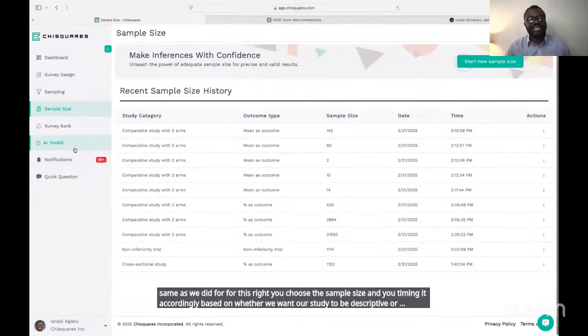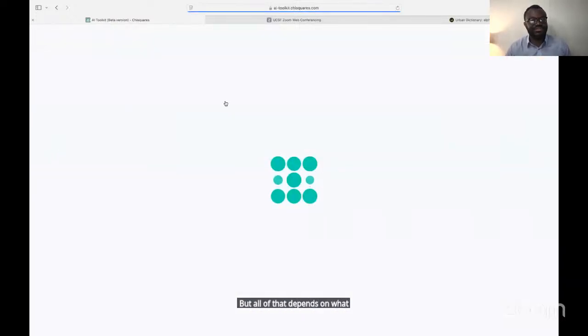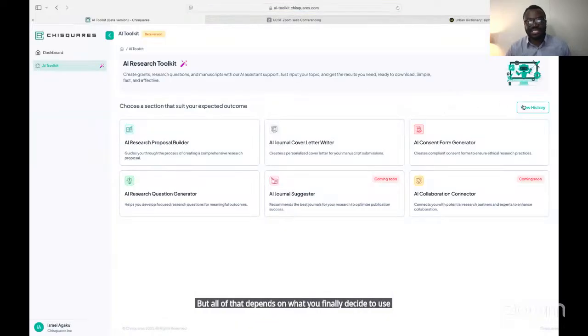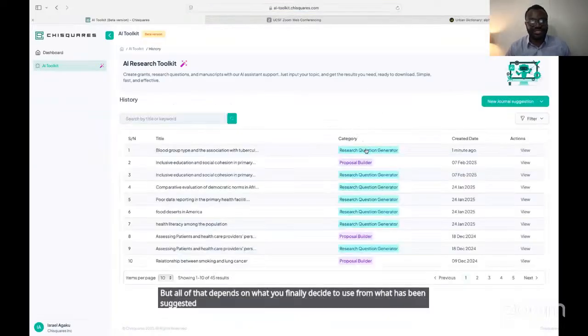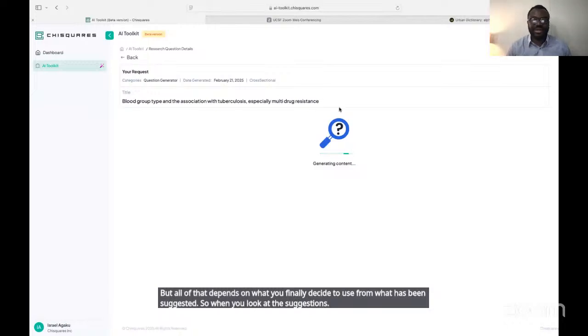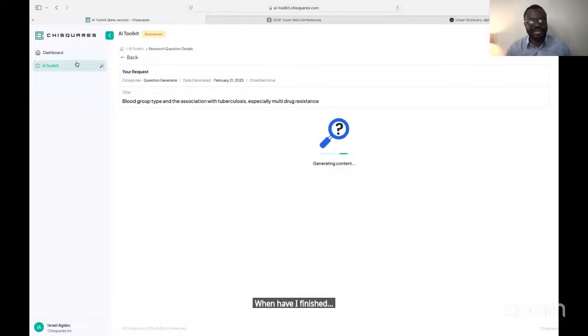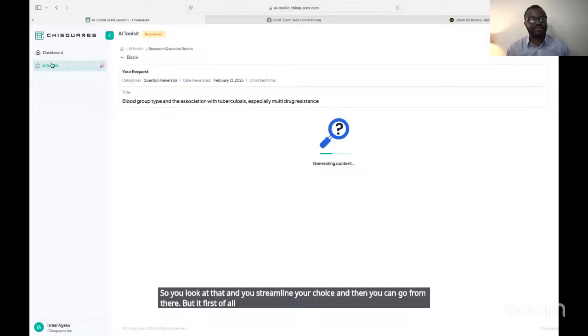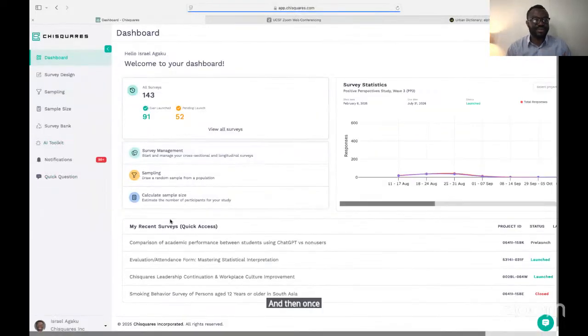But all of that depends on what you finally decide to use from what has been suggested. When you look at the suggestions, whenever it's finished, it takes a few minutes sometimes, you streamline your choice, and then you can go from there. It first boils down to determining what we want to do, and once we have decided, we can make the other decisions.